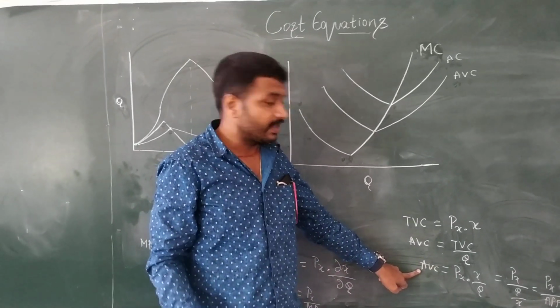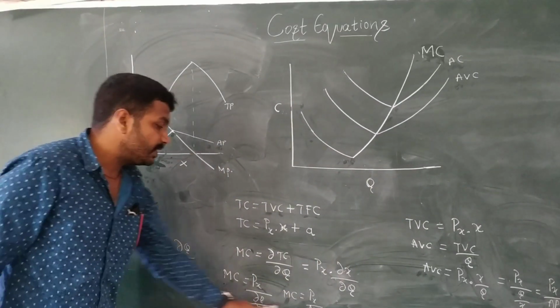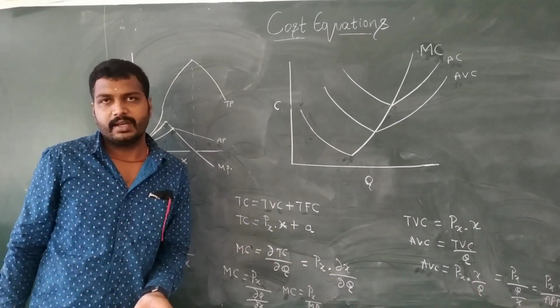Thus we infer that ABC and APP are mirror images of one another, and MC and MPP are mirror images of one another.